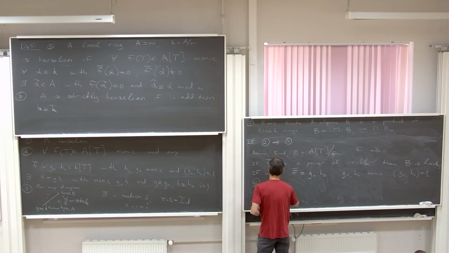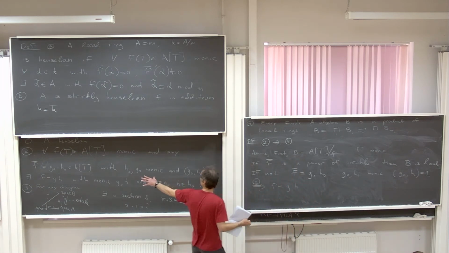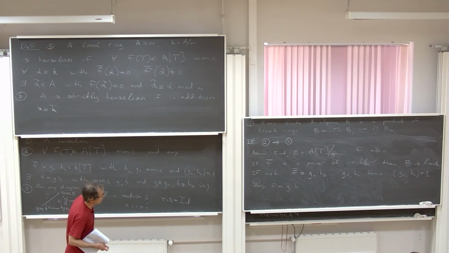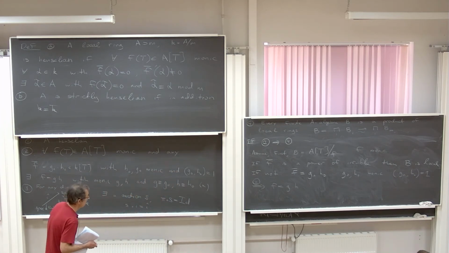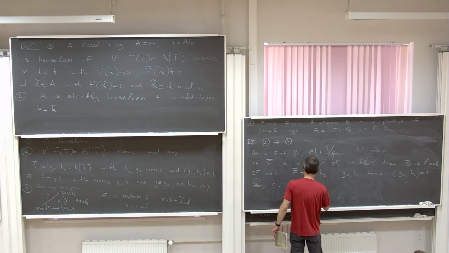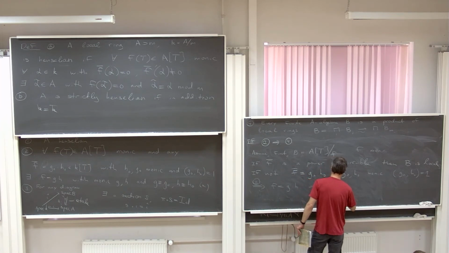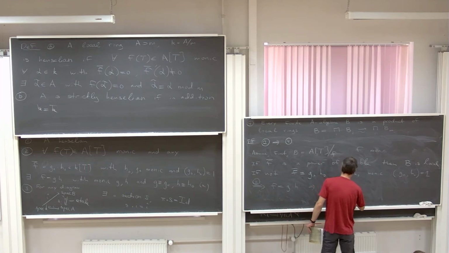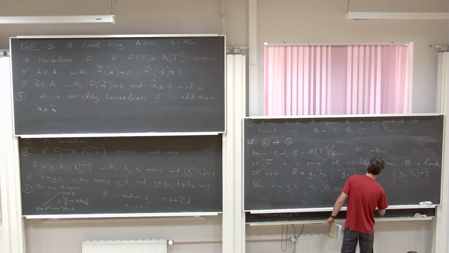So we write F as G times H, lifting G0 and H0. And so now I claim that they are coprime. It follows that B is isomorphic by the Chinese remainder theorem to B mod G times B mod H. So let's see why.